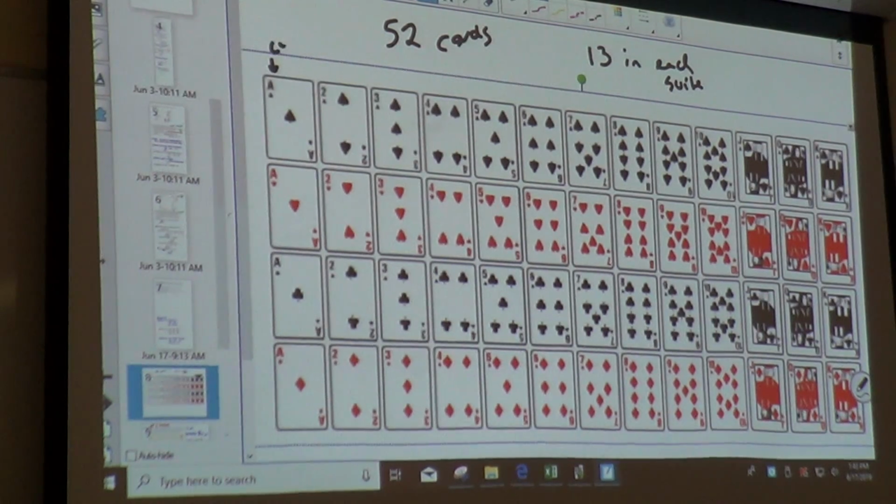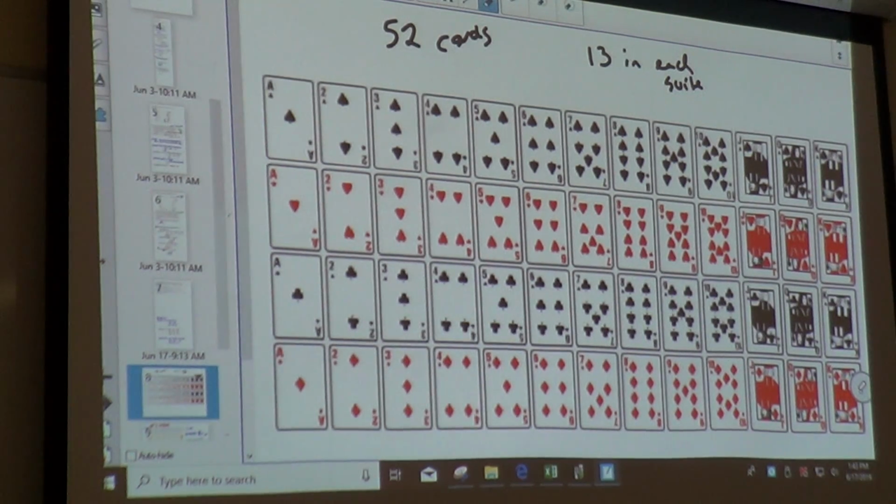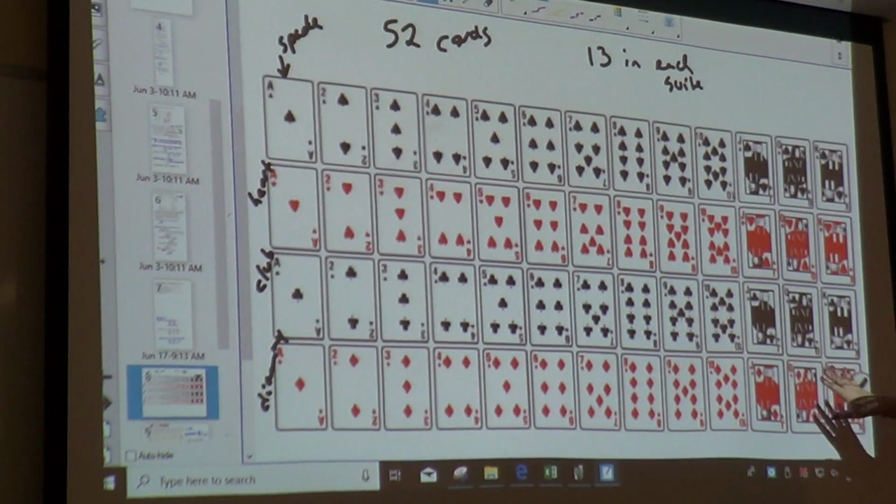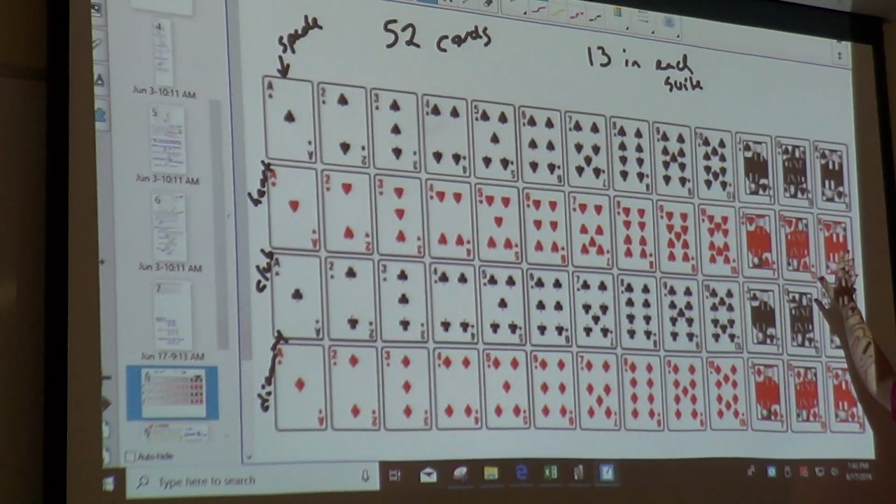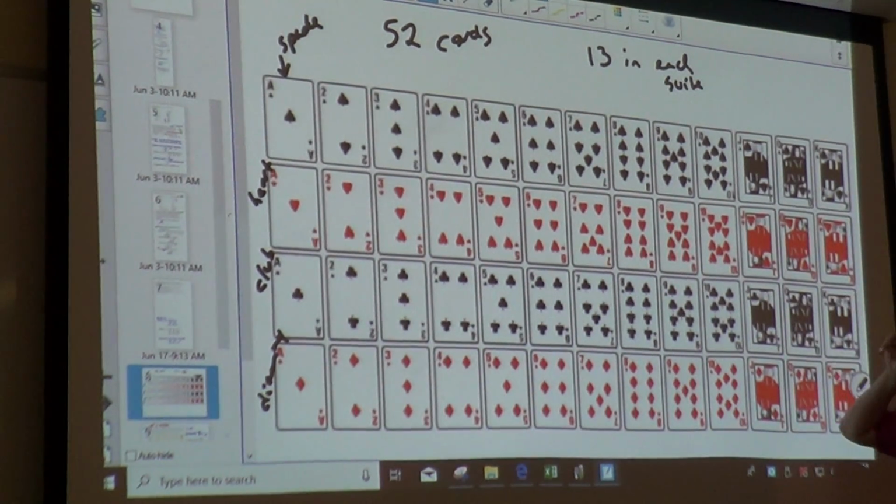This is a club. No, that's the spade. This is a spade, a heart, a club, and a diamond. Now, these at this end, these are called face cards because they have cute little faces on them.